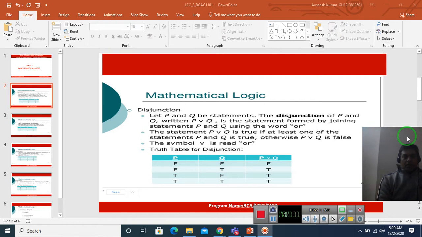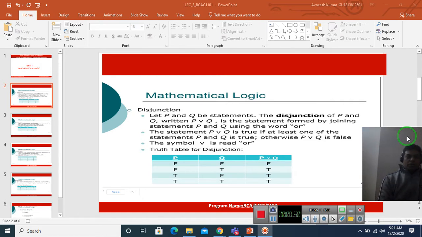The disjunction of P and Q, written as P ∨ Q, where this symbol is known as the disjunction, is a statement formed by joining the statements P and Q using the word or. P ∨ Q is true if at least one of the statements P and Q is true, at least one or both are true, then the complete result is true. Otherwise, P ∨ Q is false. The symbol ∨ is read as or.